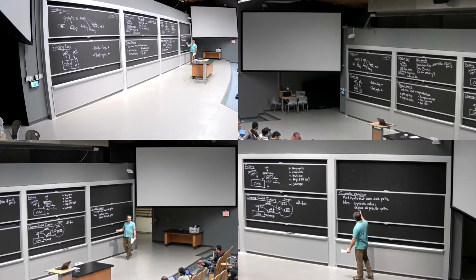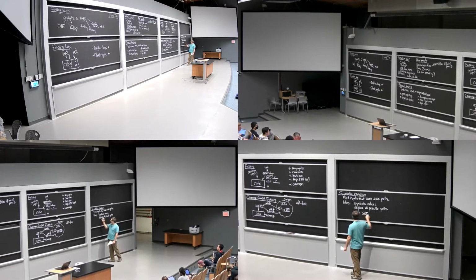So we're going to somehow branch on all these possible control flow points. And then the last idea is to use what they call a SAT solver to actually decide what's possible.